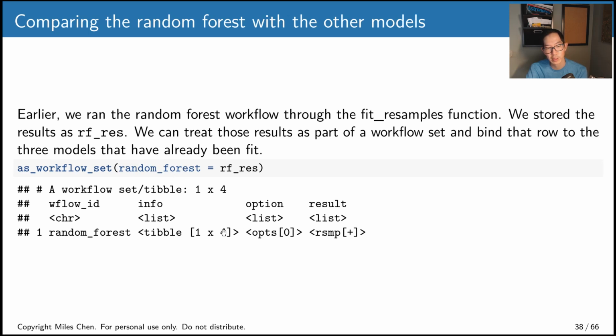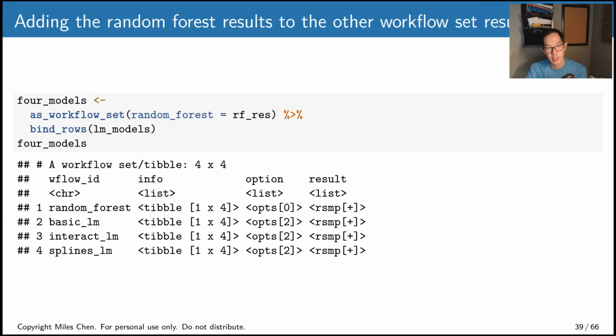It has the info and the options and the results there. Then we can take this table and bind it to all four models. So we have the LM models, basic LM, interact LM, splines LM, and then the random forest. We took the results from random forest, and we're binding the rows to the other workflow sets.